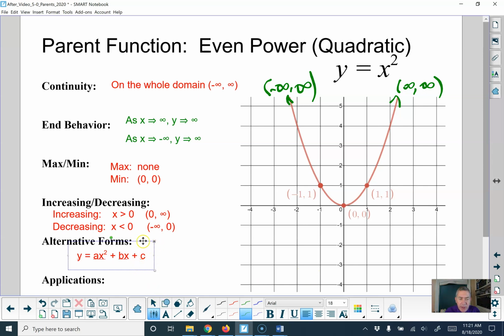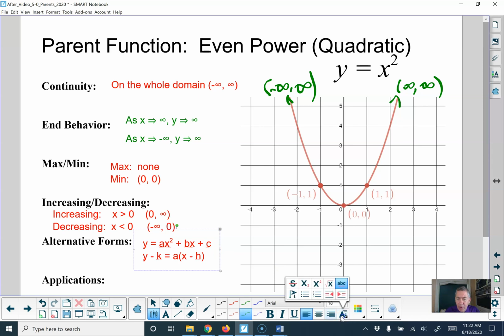You also probably remember that you had vertex form of a quadratic equation where you knew what the vertex was, and that is y minus k equals a times x minus h squared. Or you might be the kind of person who prefers the k on this side, in which case you'd add k to both sides and have a plus k over here.